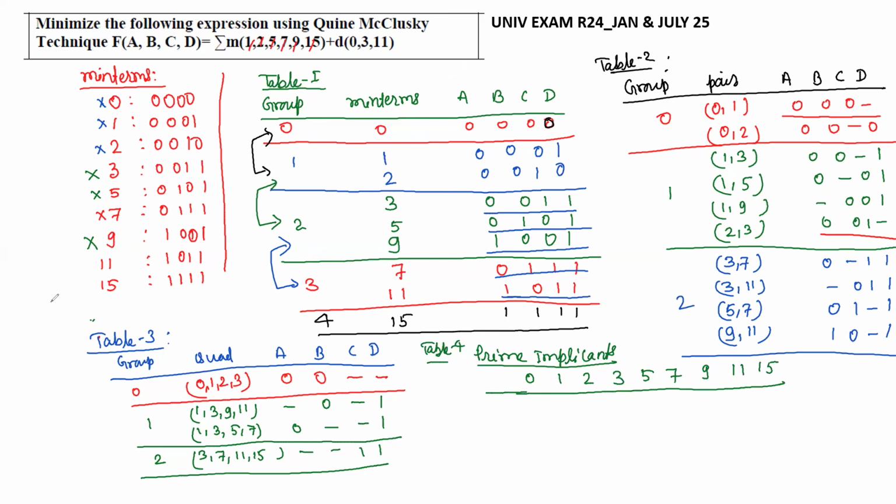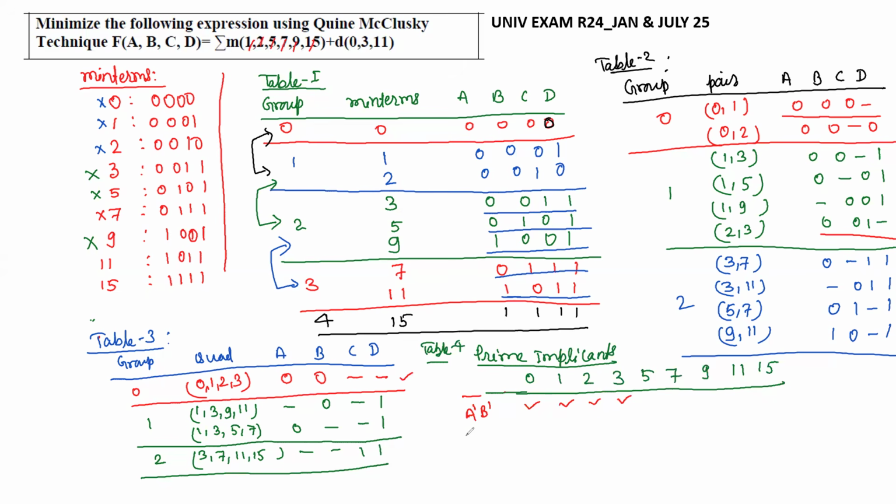Now here we have to look for the values. For the first one, what will we write? A dash, B dash. What min terms is this going to cover? 0, 1, 2, 3.